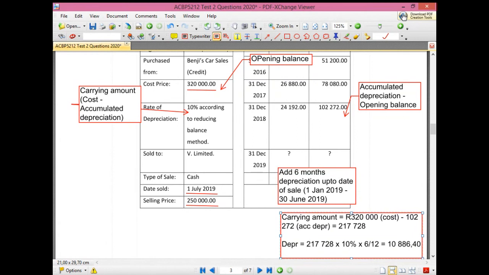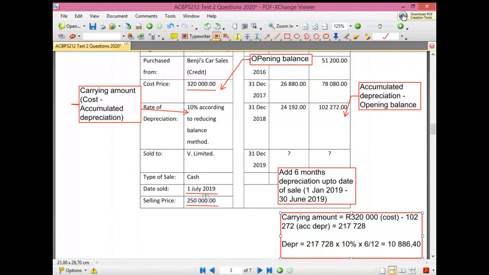Let's see what other information they've given to us. They told us what we've sold it for. So how would I know what is the profit I made on that vehicle? Okay, so the answer from the class is we're taking the selling price less the carrying amount to work out the profit. And that is absolutely correct.